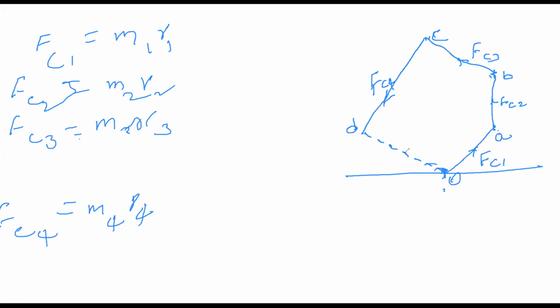This value is represented with FC. So what is the product of FC? You already know the FC formula: FC equals MR. In this, the FC value is calculated already with the help of our vector diagram.